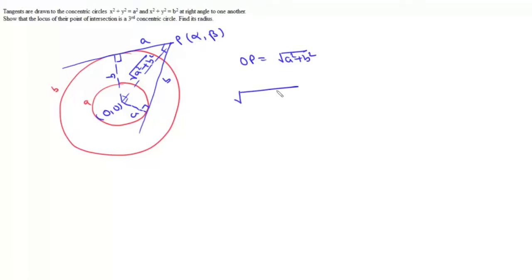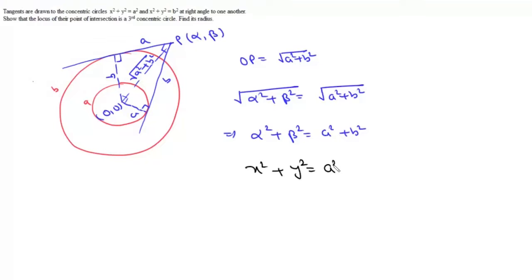Now OP is under root of alpha square plus beta square, and will be equal to under root of a square plus b square. So this locus will be alpha square plus beta square equal to a square plus b square. Now we'll replace alpha with x and beta with y. So the equation of this circle will be x square plus y square equals a square plus b square, which again is this third concentric circle whose radius is under root of a square plus b square.